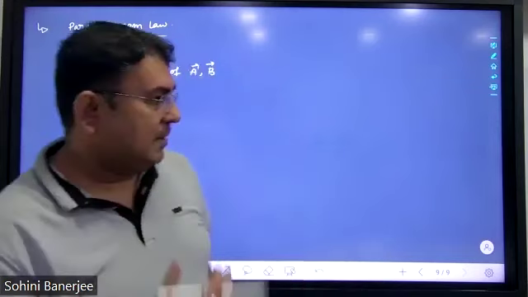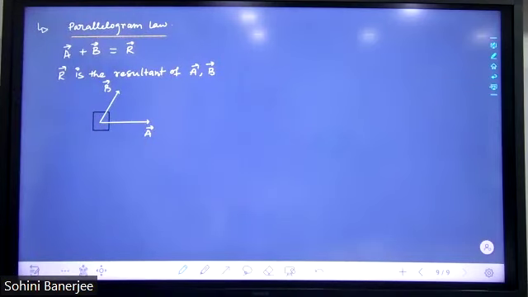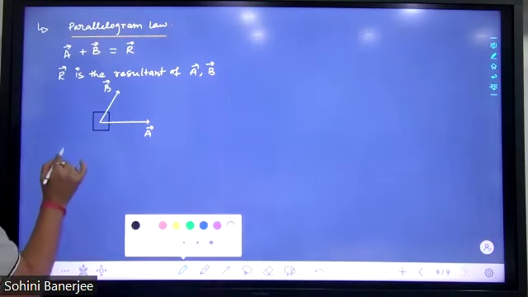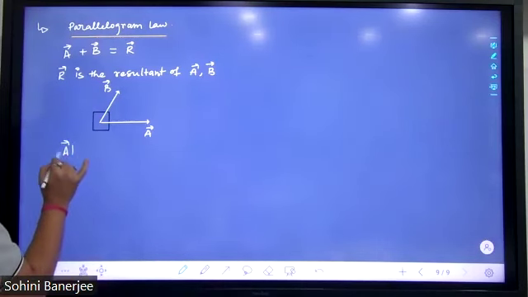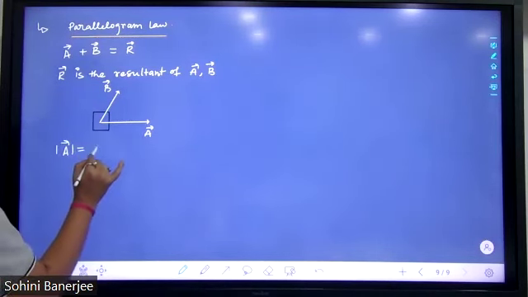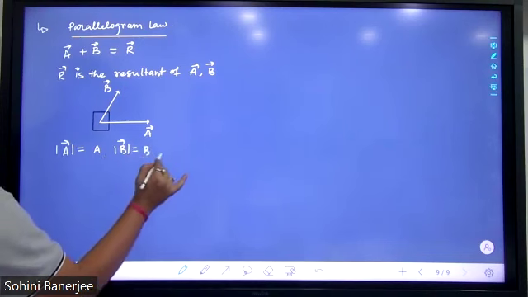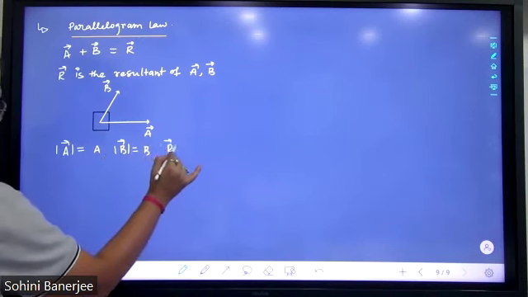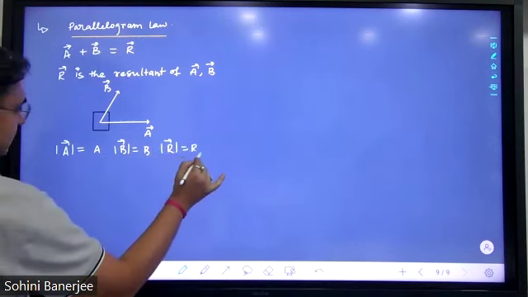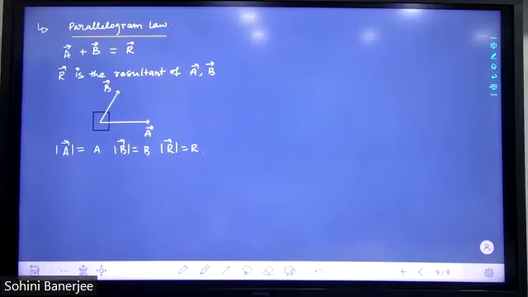Here, in the diagram, the magnitude of A is represented by the letter A. Magnitude of B by letter B. Magnitude of R by the letter R. These are magnitudes.